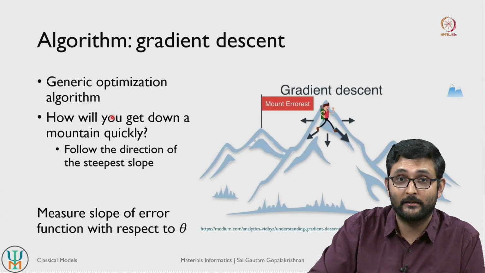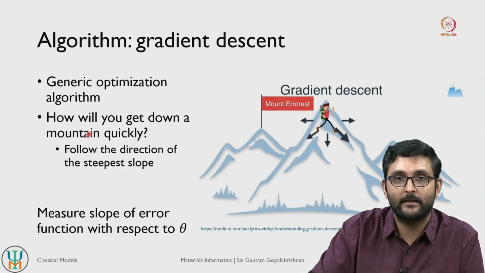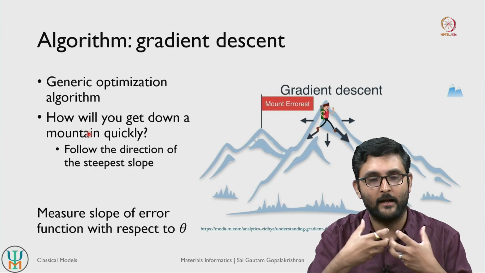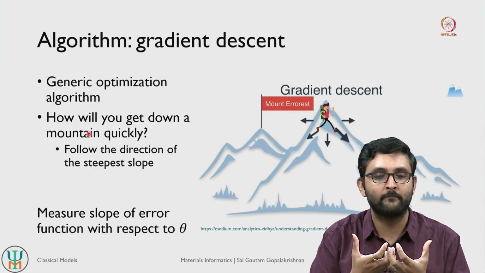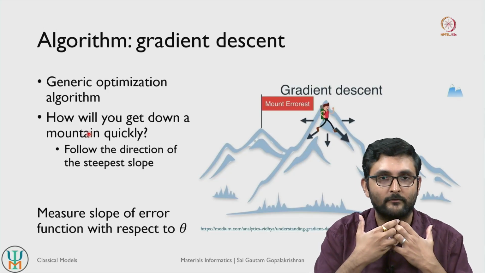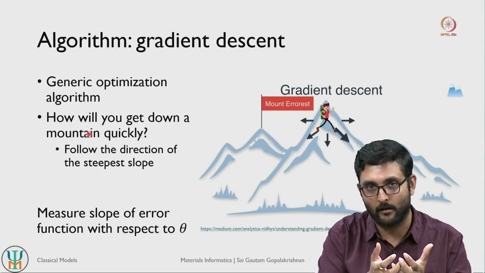So the swiftest way to get down a mountain is to estimate, at any given point within the mountain where you are standing, the direction in which the mountain is sloping down the greatest, and then you walk along that direction.